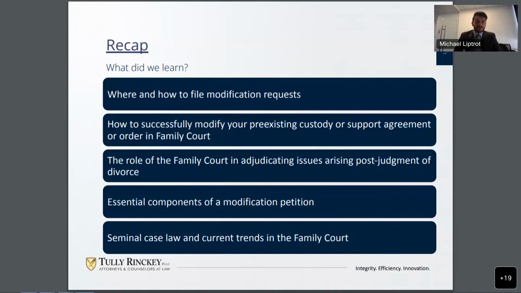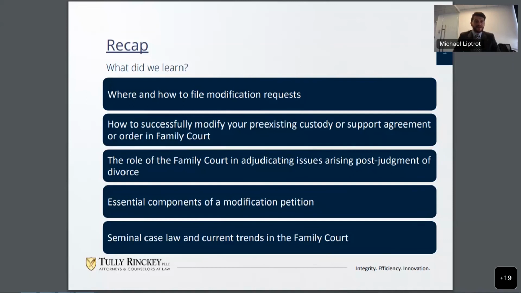The essential components of a modification petition, we talked about substantial change in circumstances for both support and custody, and then the best interest analysis in the case of custody, and either one of those three factors in a child support case. And then finally, we looked at the case law, right?